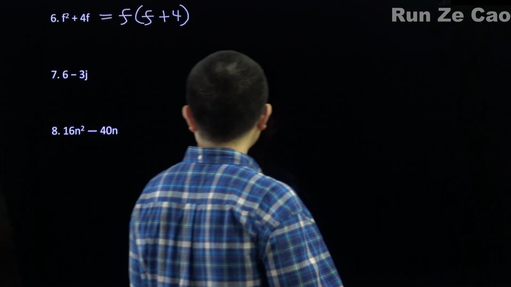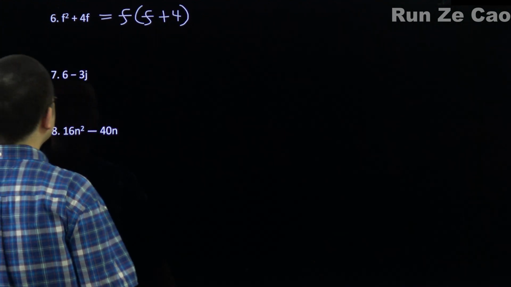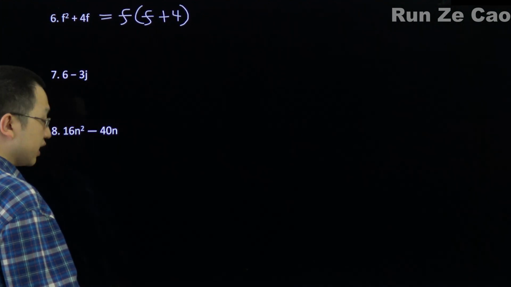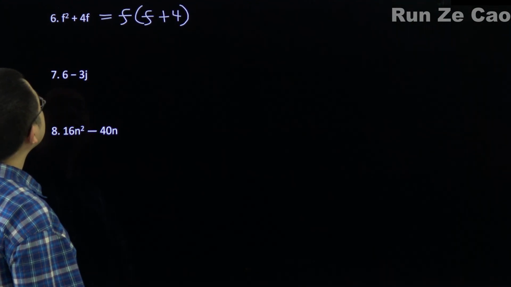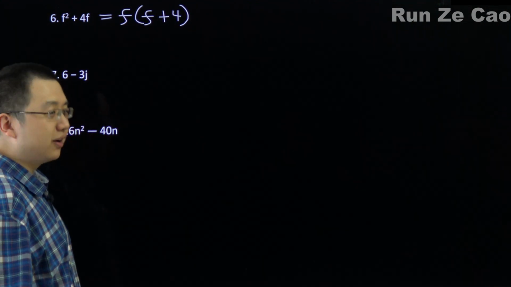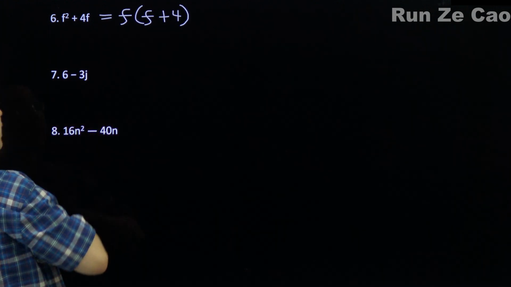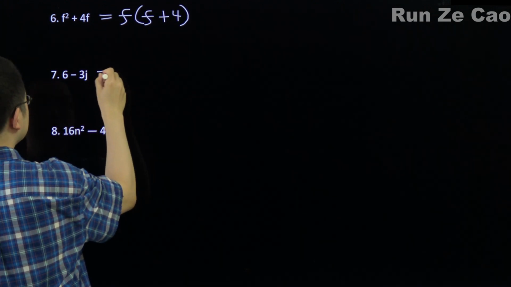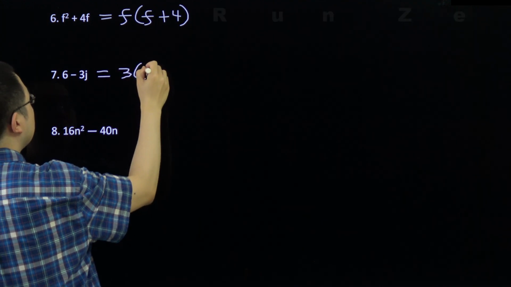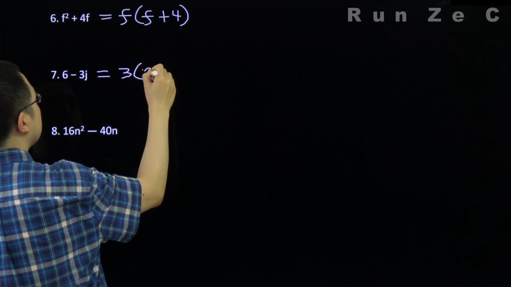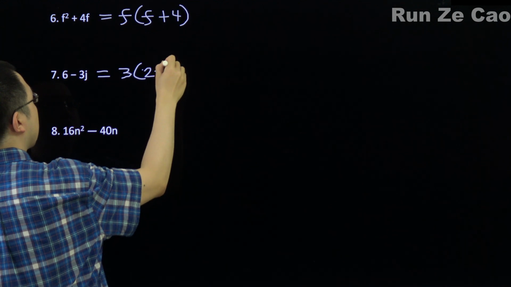6 minus 3j. Well, no, you can't divide 3 by 6 and end up with a whole number, but you can divide 6 by 3. So, you get 3 times 2 minus j.